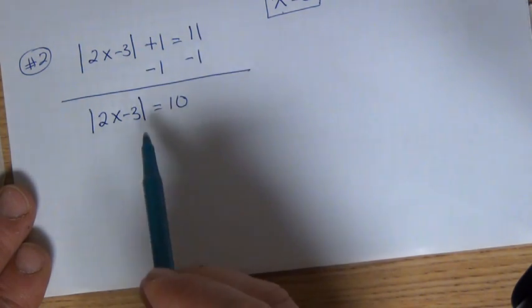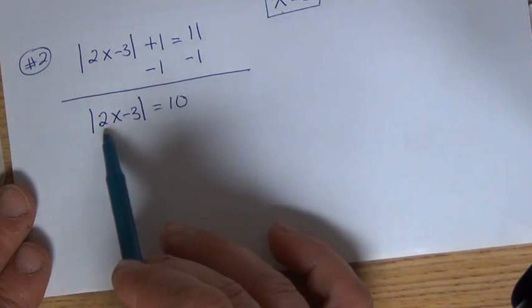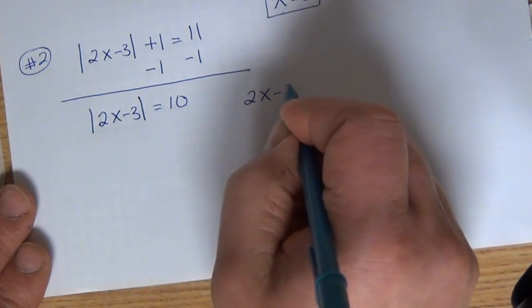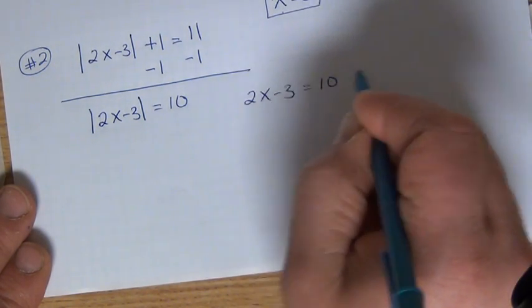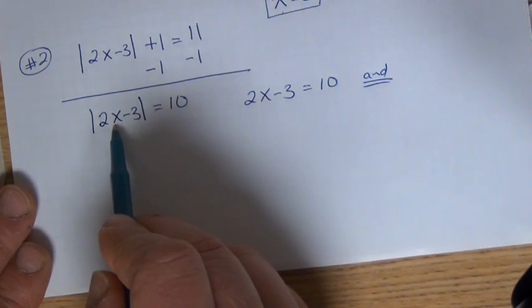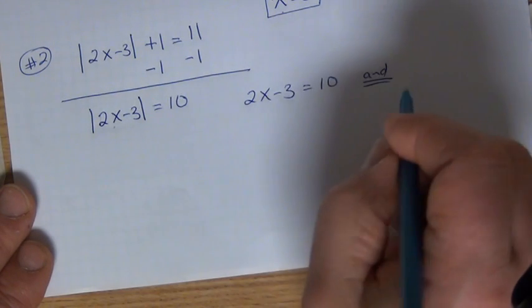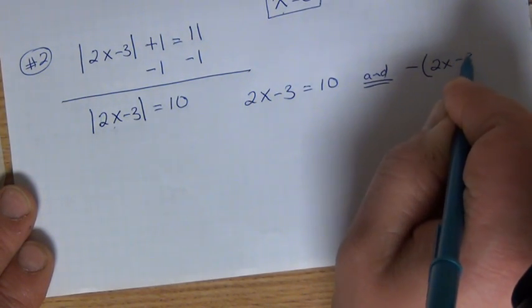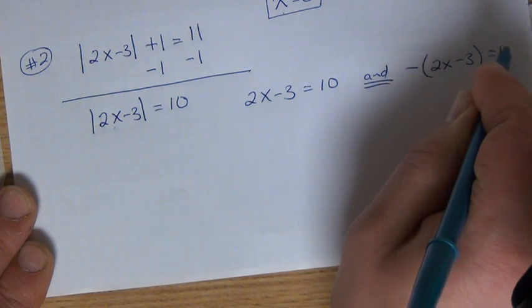Now I want to consider two options. I want to take this value and set it equal to 10. And I want to look at the opposite of this expression. If I look at the opposite, either the original expression or its opposite are going to be negative.